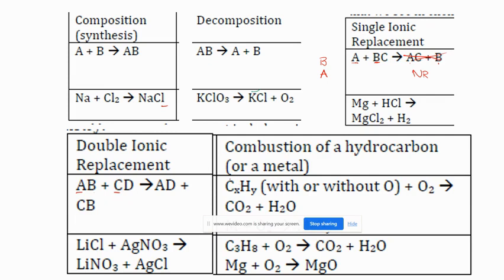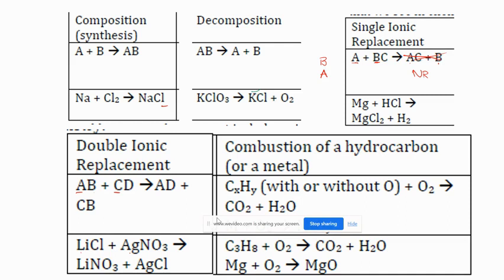Just step back. Is this going to get ugly? There might be some sort of fight over that one. All right. So that was double replacement. That's ionic substances here. So we gave you an example down here. Lithium dumps chlorine and picks up sodium nitrate. Silver dumps nitrate and picks up chlorine. Okay.